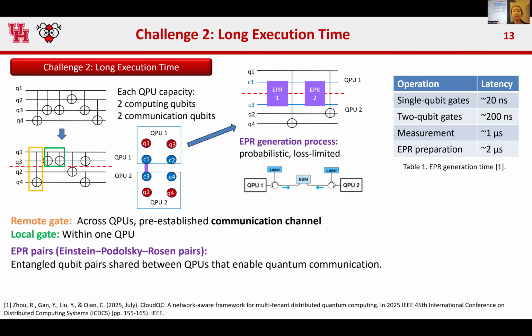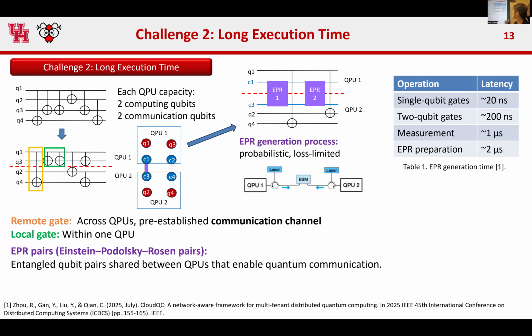In simple words, you can think of these EPR pairs as built between the communication qubits, like a communication channel to transfer information from QPU1 to QPU2 or QPU2 to QPU1. Because the EPR generation process has some randomness and errors, it is probabilistic and lossy, so we need to try several times to build the EPR pairs.